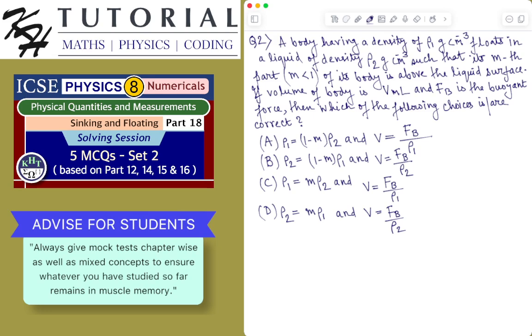Let's quickly visualize the situation. So this is the body floating.